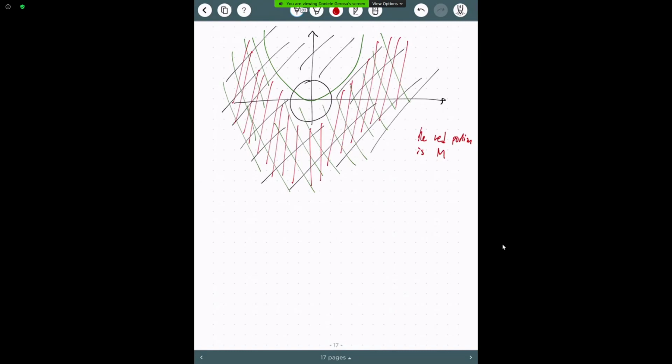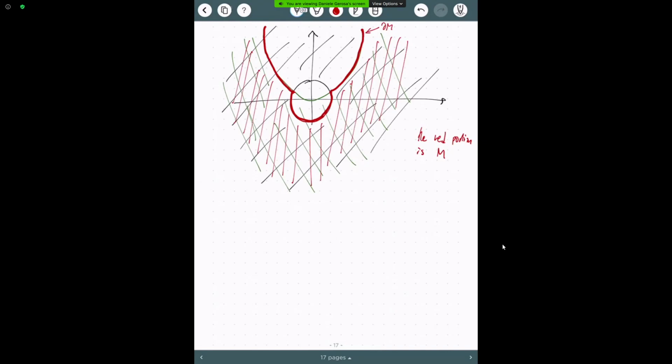The boundary is going to be given by this, and then we go down here. So the red thing here is the boundary of this set, right? This is the boundary of M, the red thing.